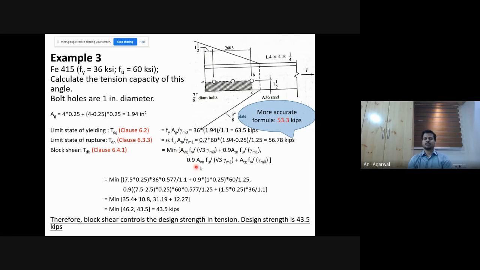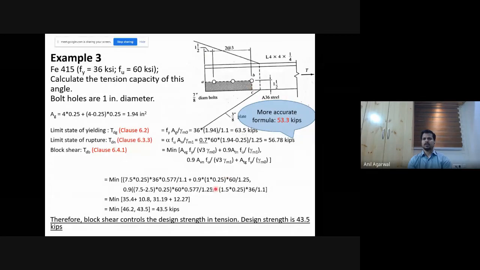And we use that expression. Now I'm sure you all know how to calculate. If you need help with that, you can use these numbers and figure out. So this is basically 3 times 2 is 6 plus 1.5, that is 7.5 multiplied by the thickness 0.25. So that is cross section yielding. So I'm taking the entire length. When it comes to net section rupture, then I have to remove this length.